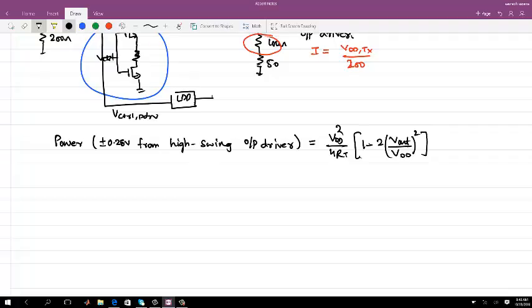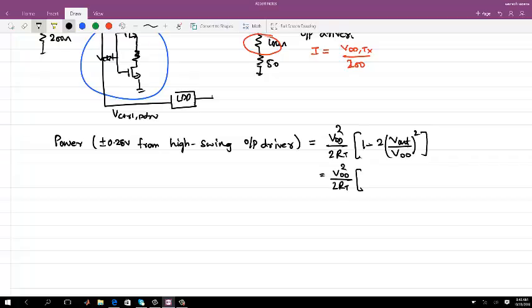So if I replace that, this is VDD square by 2RT, oh sorry, 4RT.